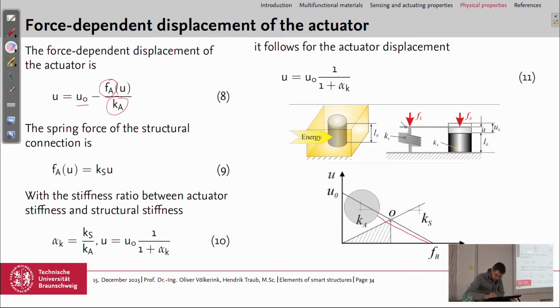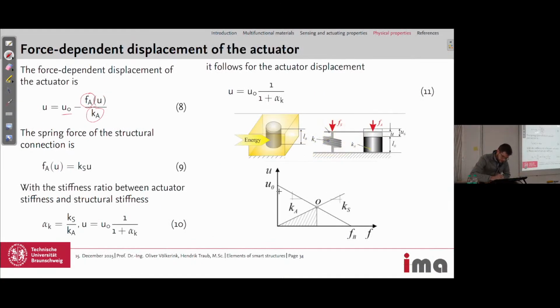Maybe I do it again. The equation to describe this line: if the force would be 0, then we just have u0 at this point. And then we have the spring force of the structural connection. So we can say Ks times u, the spring stiffness multiplied by the displacement, is Fs. Here's a small mistake on the slide.